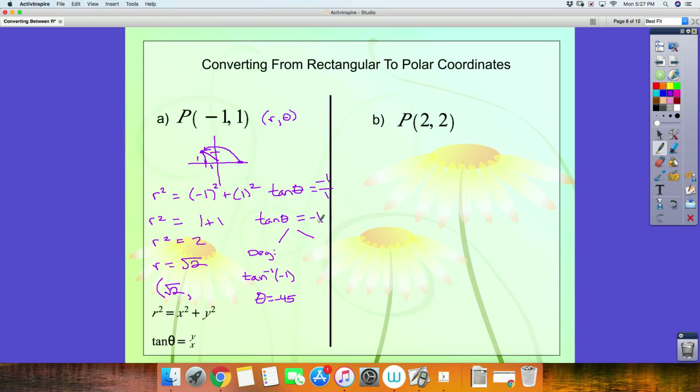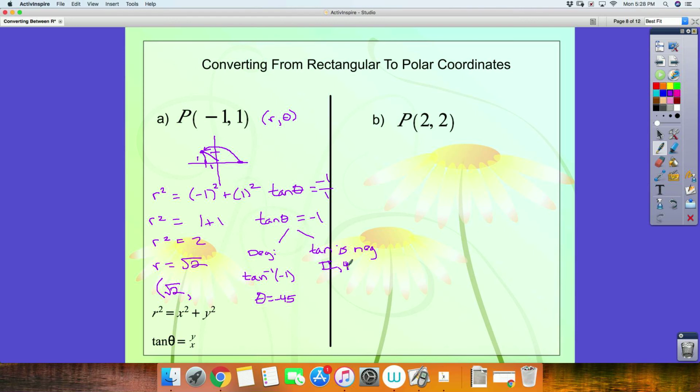Now we could also do this in radian mode by using our unit circle again. And I know in my unit circle that tangent is negative in quadrant 2 and quadrant 4.